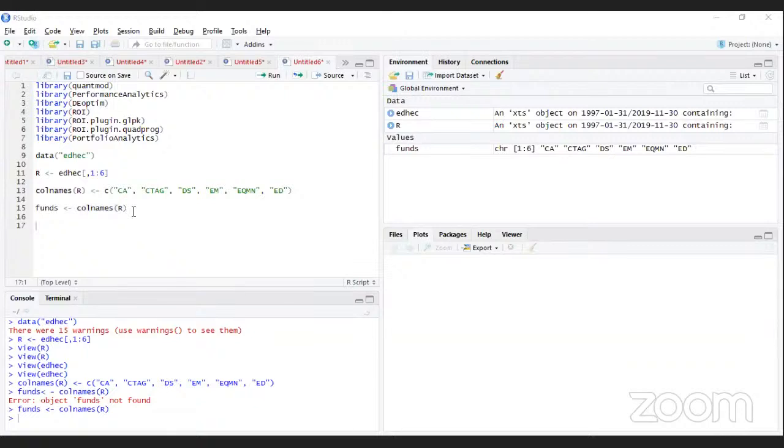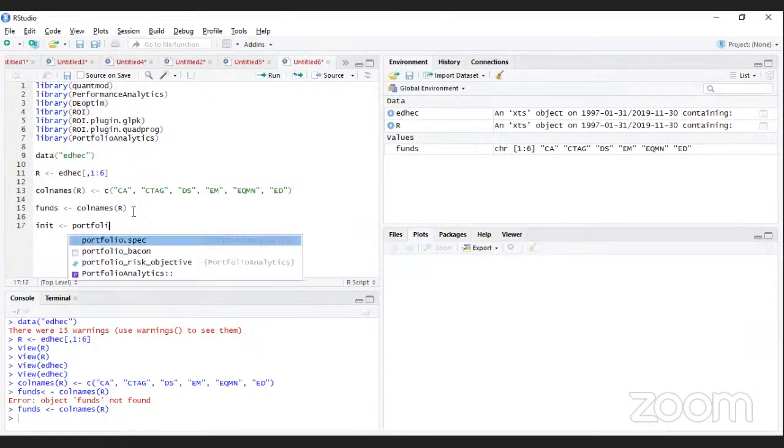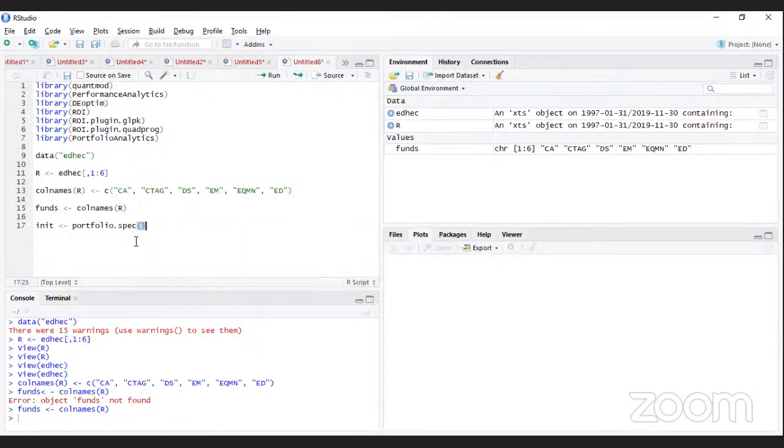So let's initialize our portfolio. To initialize our portfolio, we will use our function, portfolio.spec. And what we want to initialize here is funds. You can just check what funds is here.